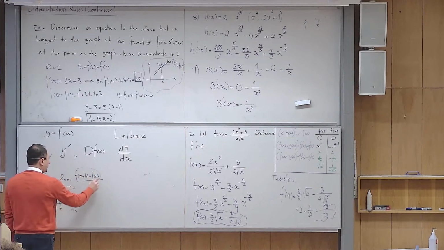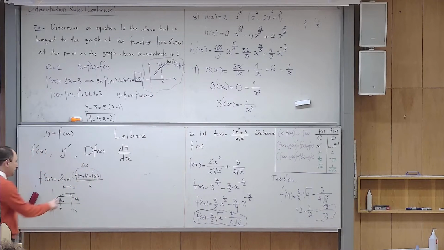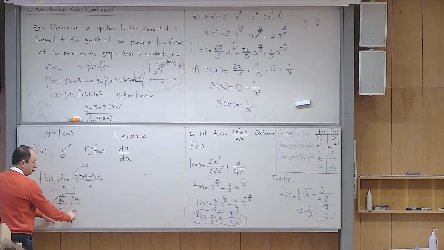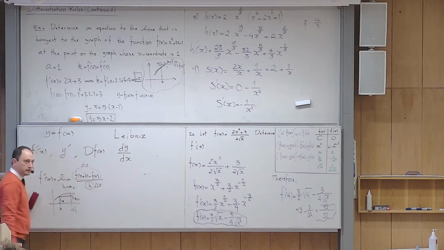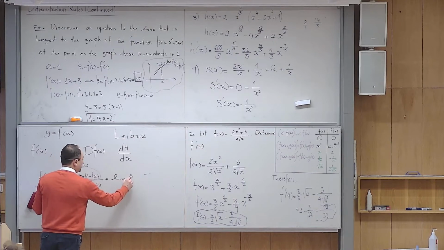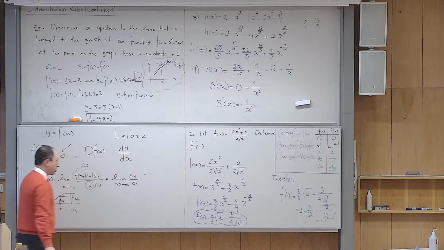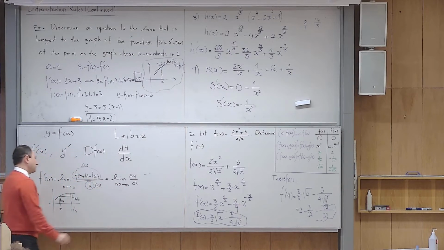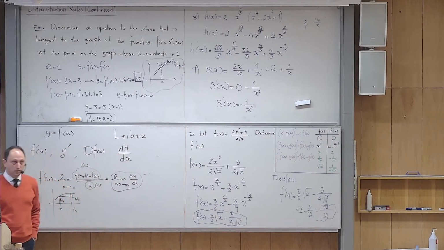So this is nothing except delta y. Yes? And h is the change in the x coordinate. So h is nothing except delta x. So that was the motivation behind the symbol. So the derivative is nothing except the limit of delta y over delta x when delta x goes to 0. So probably that motivated Leibniz to write this as this symbol, dy dx.